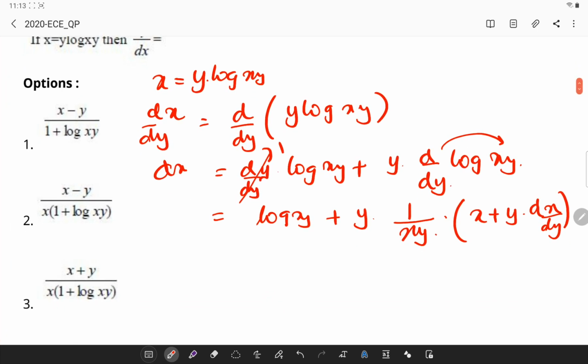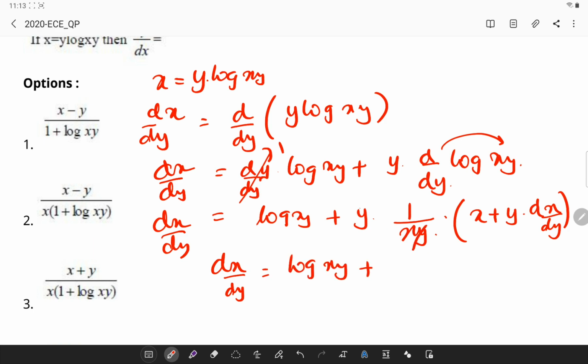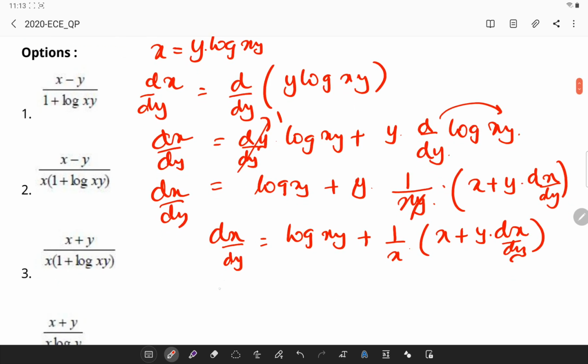So dx by dy is log xy plus 1 by x into x plus y into dx by dy. So if I take dx by dy common, I'll be having the term 1 minus y by x is equal to 1 plus log xy.